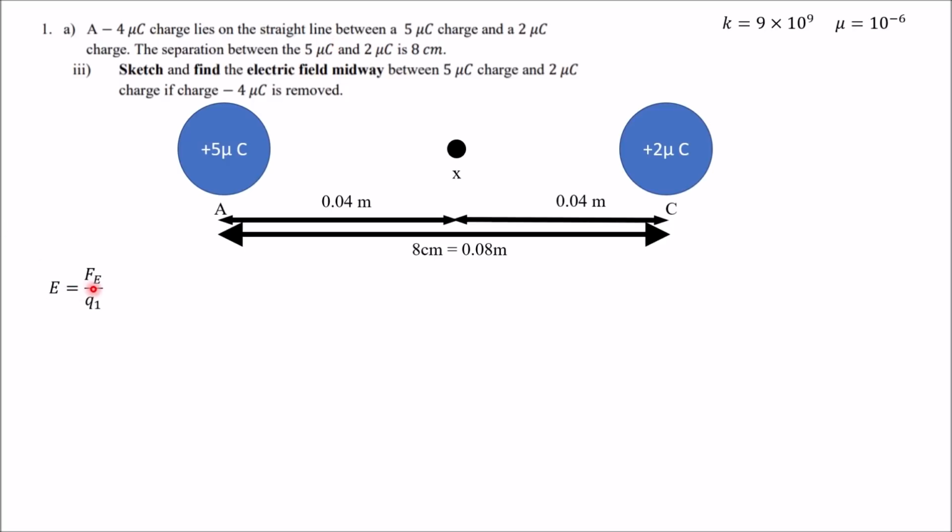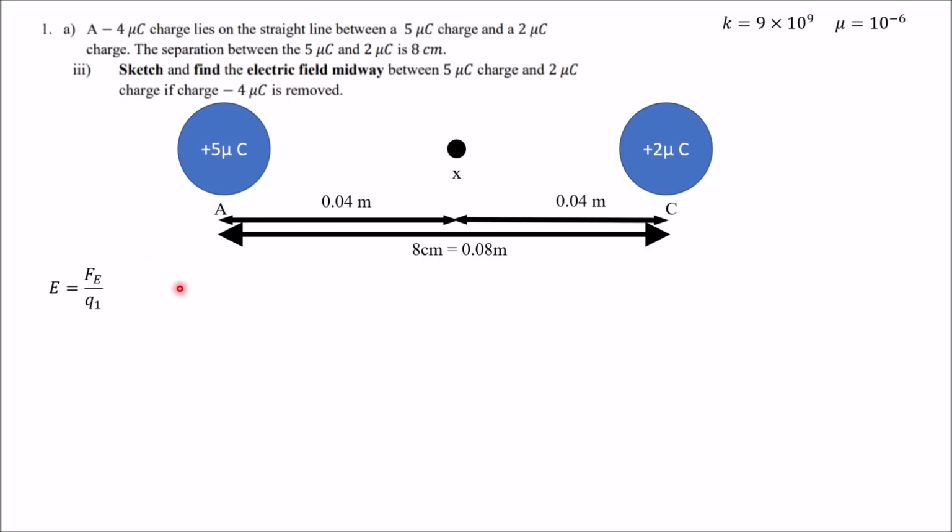The equation for electric field is equal to force over Q. So what does it mean? It actually means how much force a charge will experience if we were to put a charge over here. How much force will it feel? So if we divide by Q, it means how much force one coulomb of charge will experience if you were to put one coulomb charge over here.